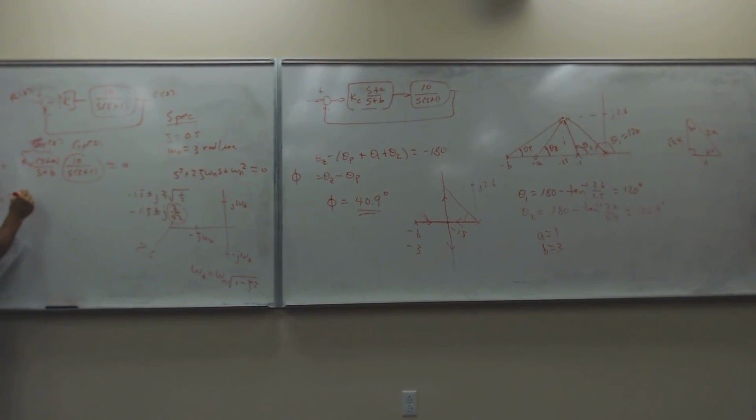And from that, you can find K sub C. K sub C is going to be equal to, and by the way, we can go ahead and cancel out the pole and the 0 there. B is equal to 3, so we're going to get minus S times (S plus B) over 10.